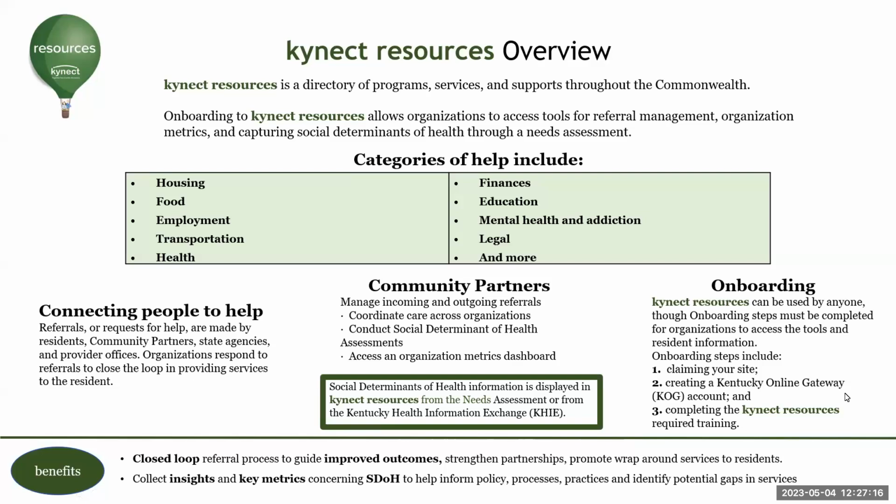I wanted to mention the closed loop process. So one of the things that we did in our partnership with United Way is, if an organization is working with a resident, they make a referral, we want to make sure that it's closed, meaning that referral has arrived at the organization, that resident received that. We want to be able to track those improved outcomes.